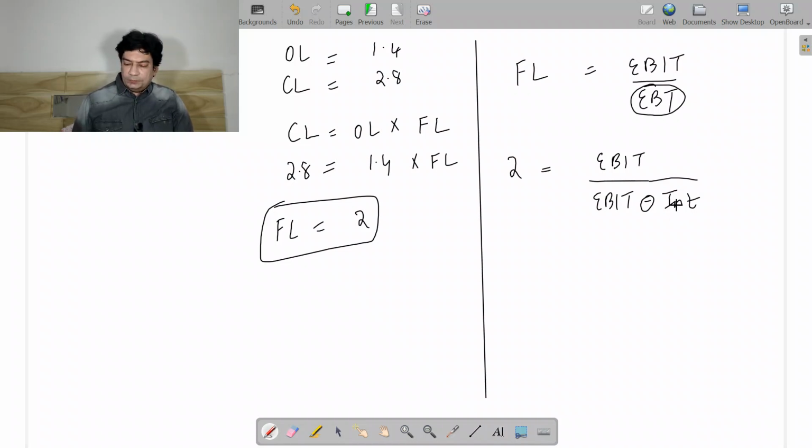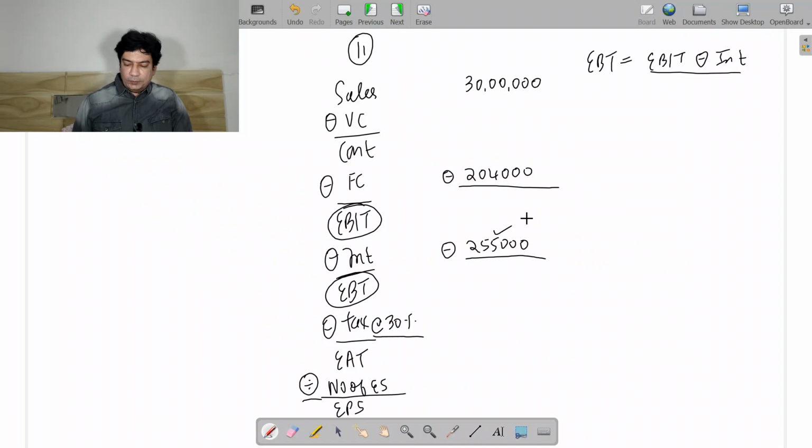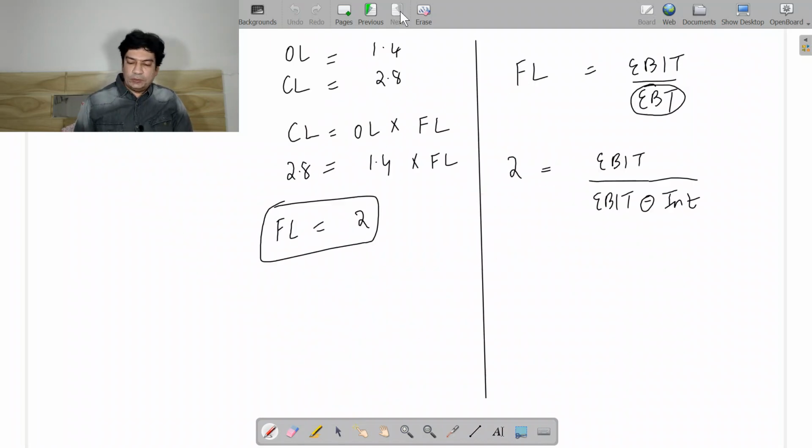Now the interest component I know, which is 2,55,000. So this part is known to me.